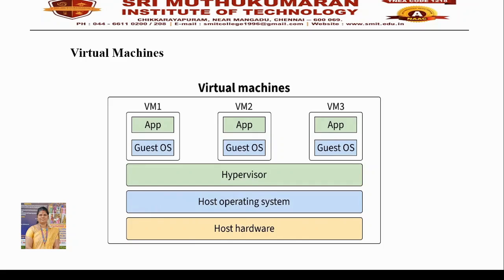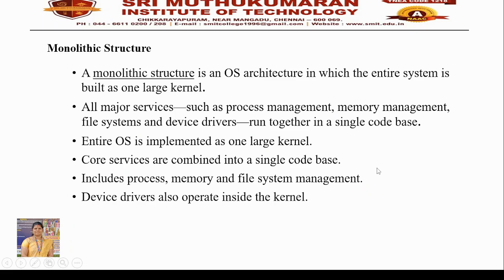So the microkernel is a minimalistic approach to designing an operating system. Then the monolithic structure. The monolithic structure is an operating system architecture in which the entire system is built as one large kernel.